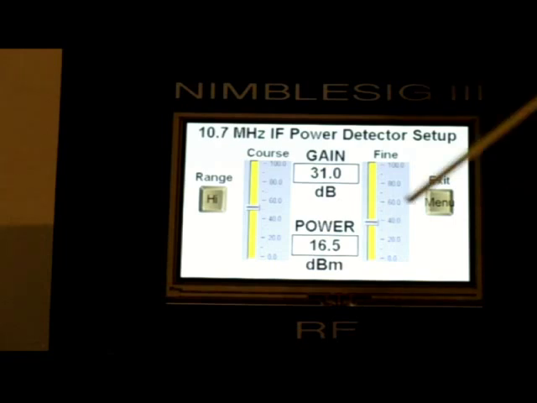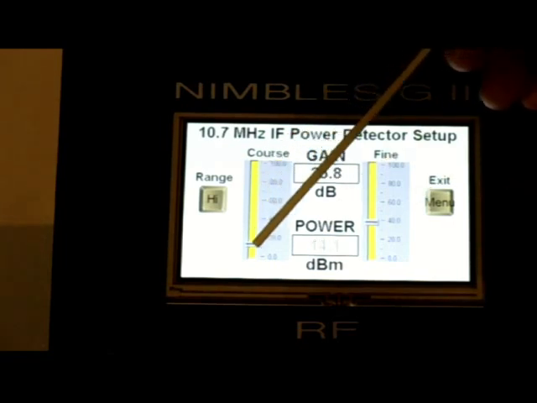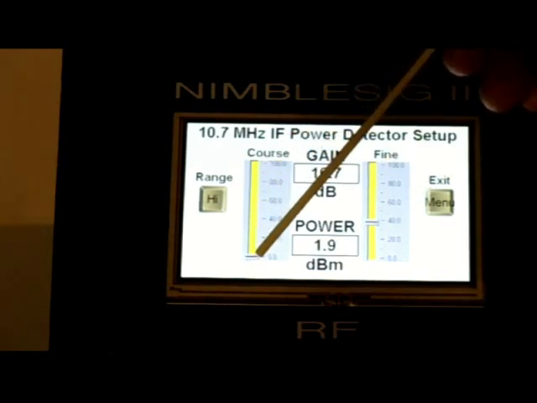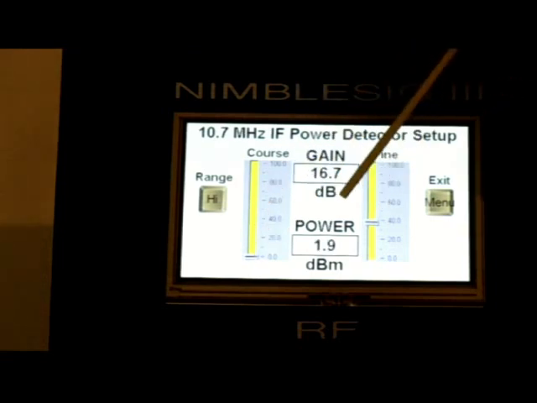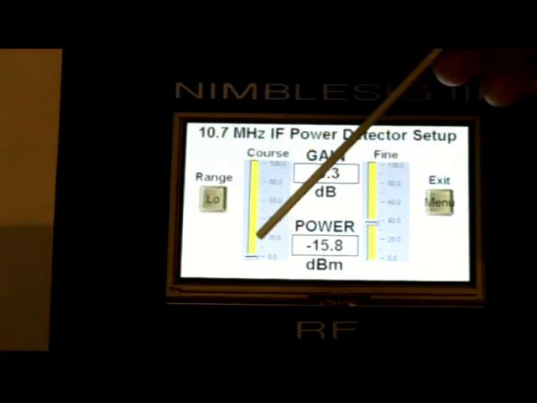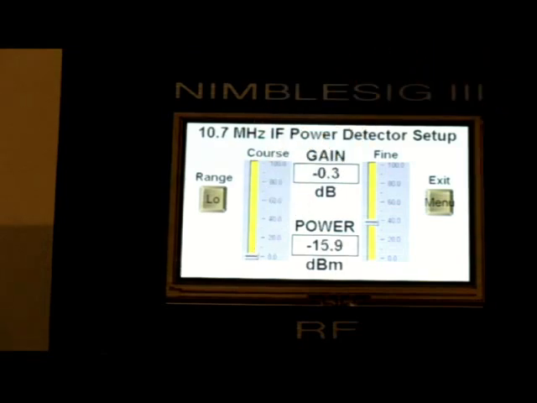Now I don't imagine we can drive it that hard. I'm going to try and set it back down to about 0 dB gain here. I don't think we can drive the output of the mixer that high to get it back up to that level, but we'll just see what we can do by increasing the gain of the RF amplifier and driving the mixer harder.